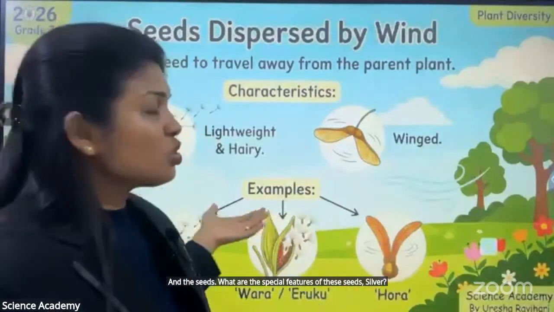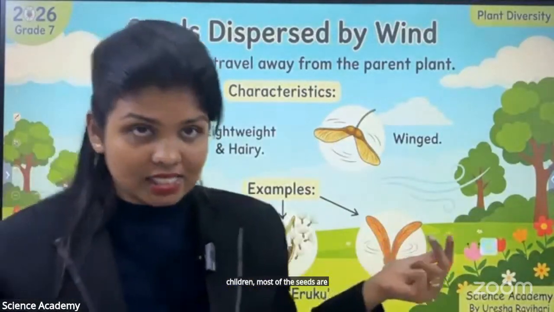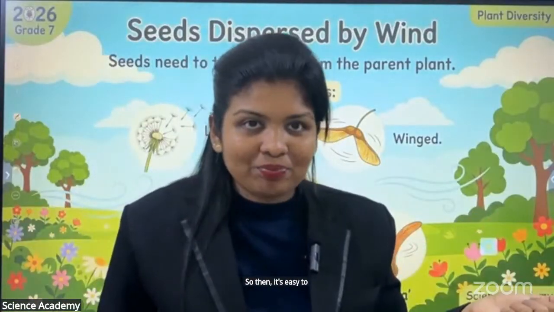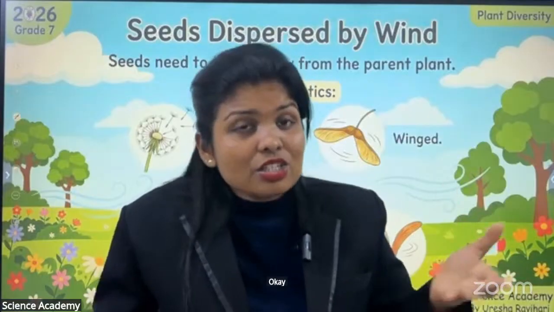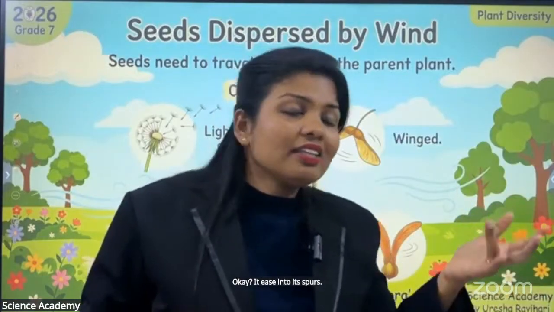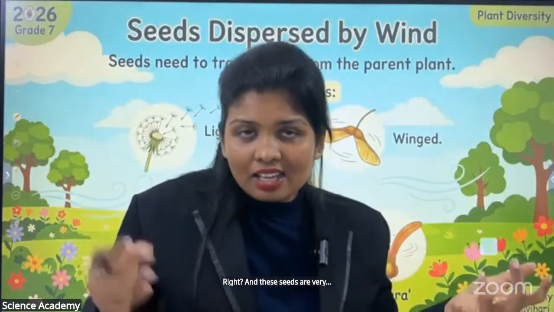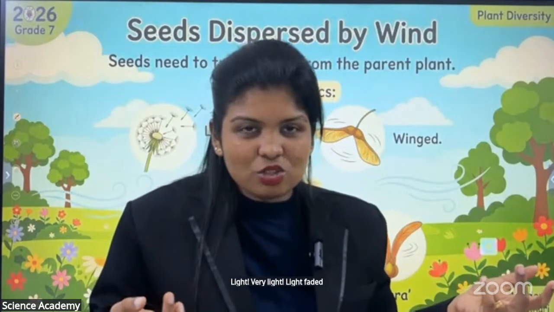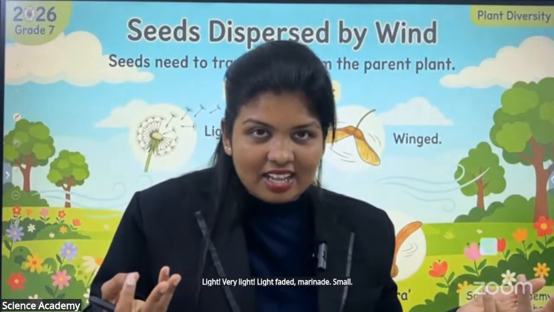Children, most of the seeds are light weighted. So then it's easy to travel. Okay, it's easy to disperse, right? And these seeds are very light weighted. Small, light weighted, right?